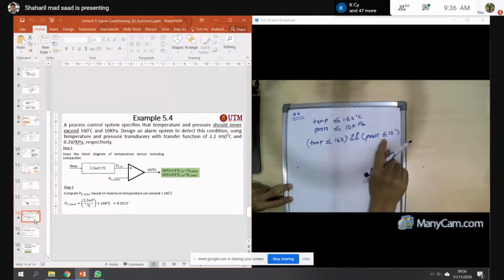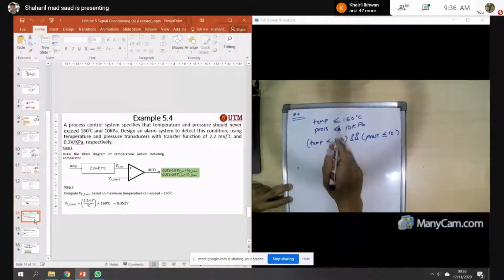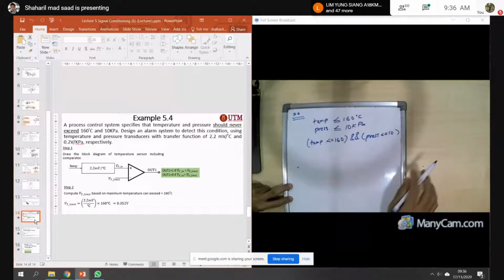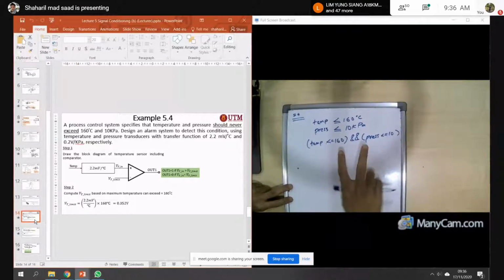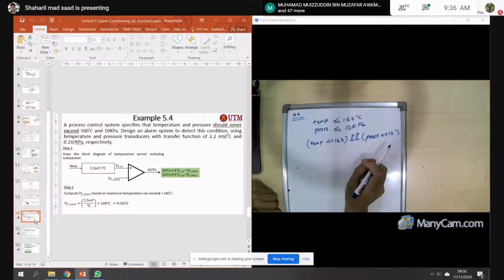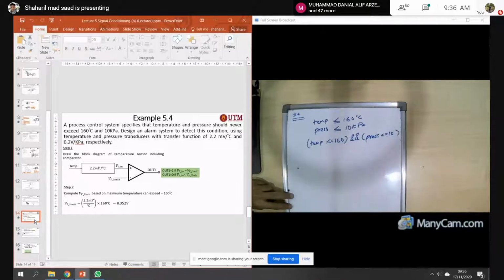Of course you cannot write that symbol, so it needs to be less than or equal. This is the condition for this question. Design an alarm system to detect this condition using temperature and pressure transducers with transfer functions of 2.2 millivolt per degree and 0.2 per kPa.